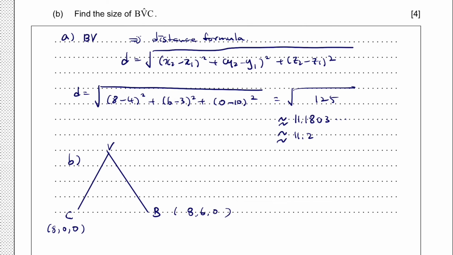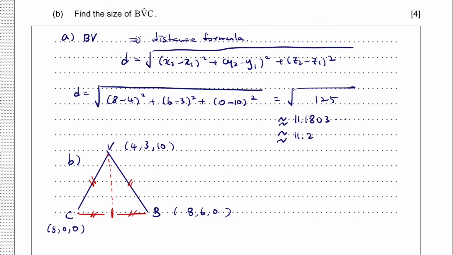And V has coordinates of 4, 3, 10. So V is located right in the middle of the line C and B, right? So these two sides are the same. If we are dividing it like this, that means these two sides are also the same, right? So that means we have an isosceles triangle.